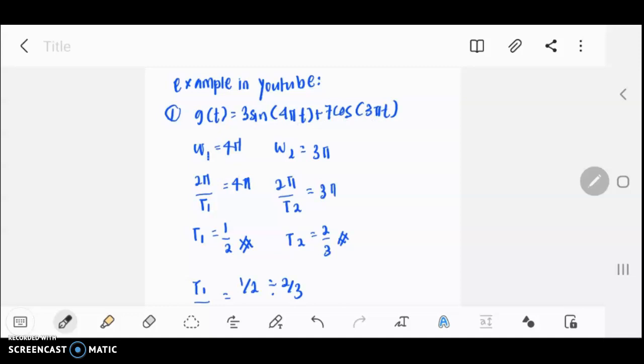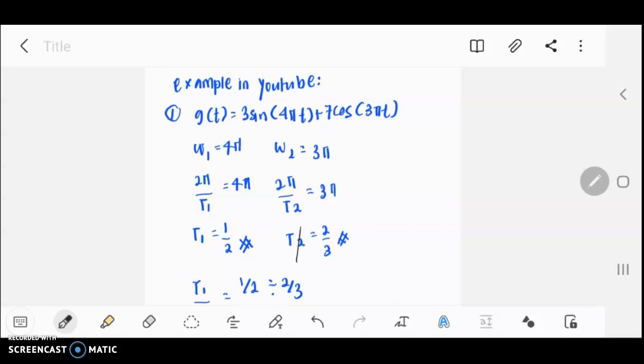As we can see, omega 1 is equal to 4 pi, and omega 2 is equal to 3 pi. So omega 1 is equal to 2 pi over T1 and equal to 4 pi, and then we will get T1, which is 1 over 2. And then, same as omega 2, we equate it with T2, and we get T2 equal to 2 over 3.